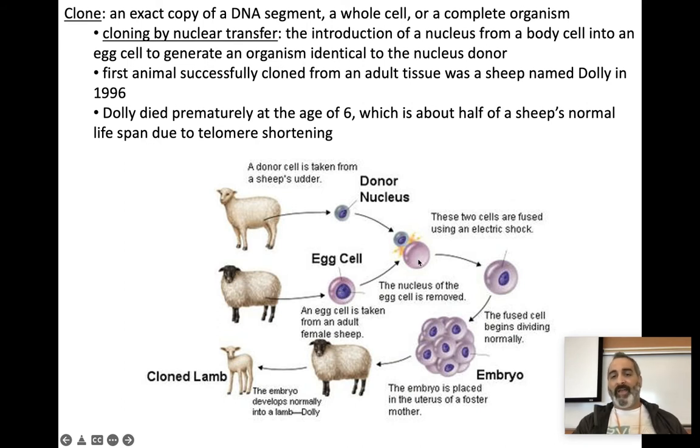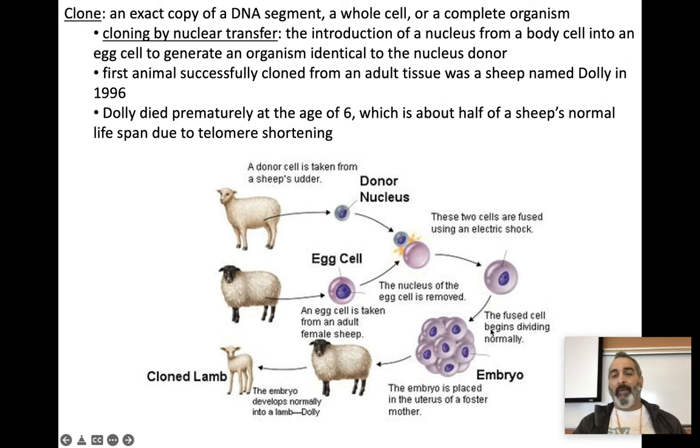In that egg cell that now doesn't have any DNA in it, you now import or add all of the DNA that came from a body cell from another sheep. So now you have an egg that has all of the exact DNA from the original donor. You take that egg, and it gets imported back into mama. So they put it back into mama.